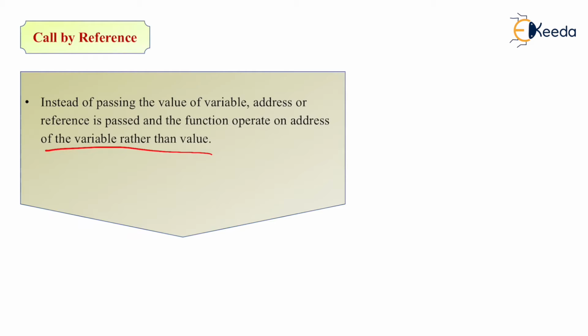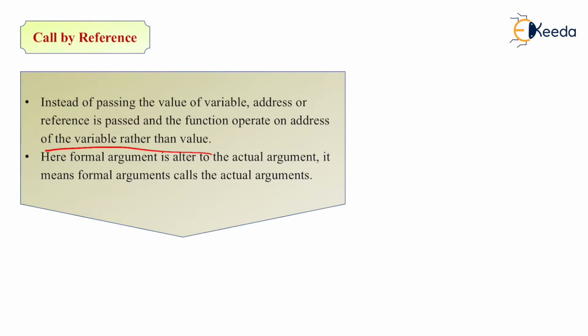Are you getting it? In call by value, we are passing that value and operating on the value. But in call by reference, we are saying work on the address or the memory location. Don't see what type of value you have. Here the formal argument is an alias of the actual argument, and it means the formal arguments call the actual arguments.